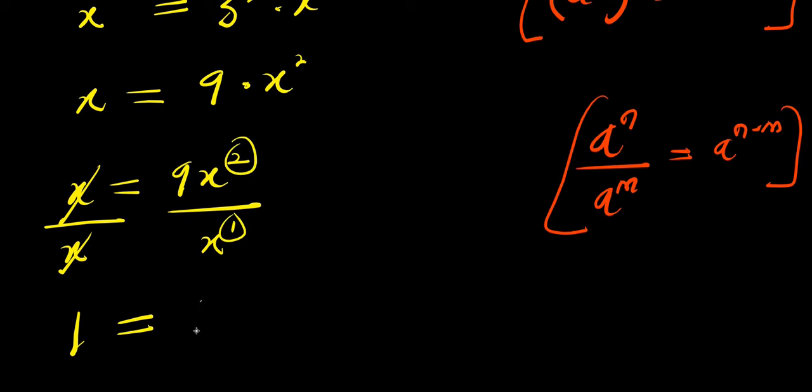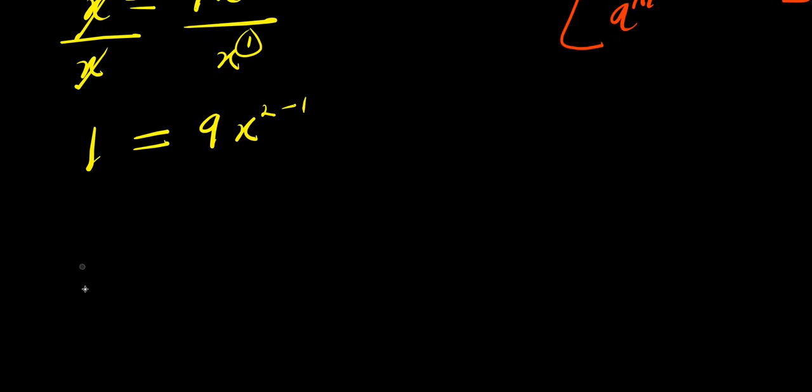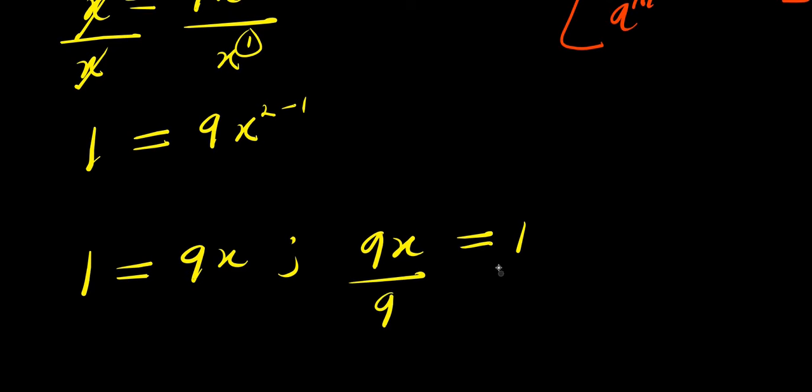Now we can have 9x power 2 minus 1, because this is raised to the power of 1. So from here, we have 1 equals 9x, because 2 minus 1 is 1, and x power 1 is the same thing as x. So right now we can solve for x. By rearranging this, you have 9x equals 1. I divide this by 9, I divide this by 9, 9 eliminates 9. I have x equals 1 over 9.